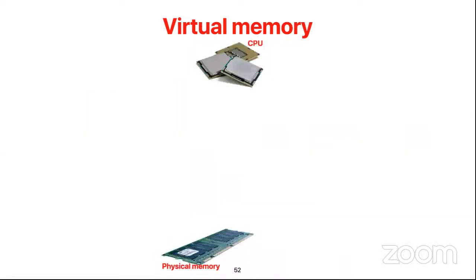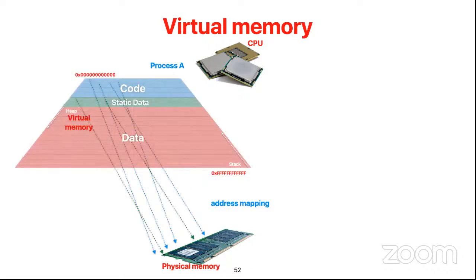So if you don't like my 2D representation of that, let me show you my 3D representation. The whole concept of virtual memory is like this. Whenever you run a process, I create a virtual memory abstraction like this, and the virtual memory will contain a code section, a data section, a static data section, and another data section for your local and global variables that is allocated dynamically.